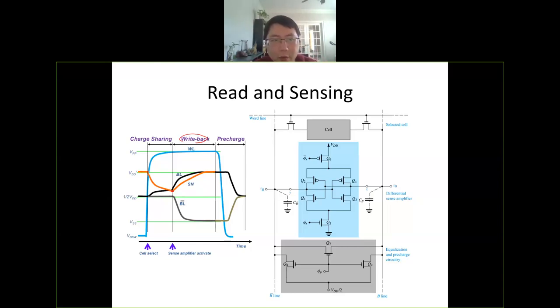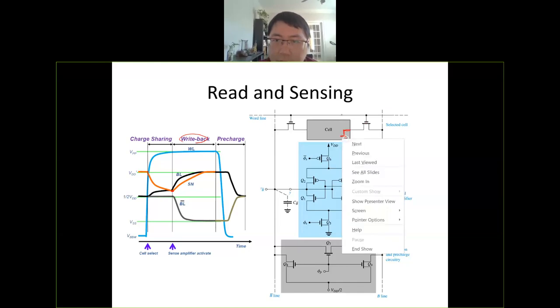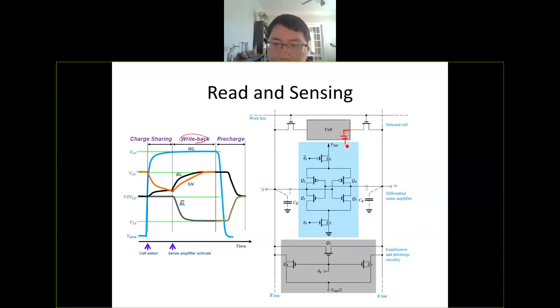The trick to bring it back is to use the sense amplifier to do this job. So let me briefly introduce how to amplify the signal. We have that delta V. How do we amplify that small signal to a large signal? So here we can have this DRAM cell, let's say still 1T1C. So this is your storage node.